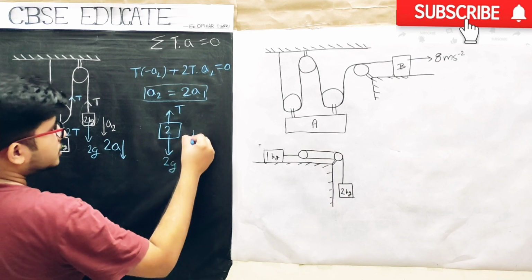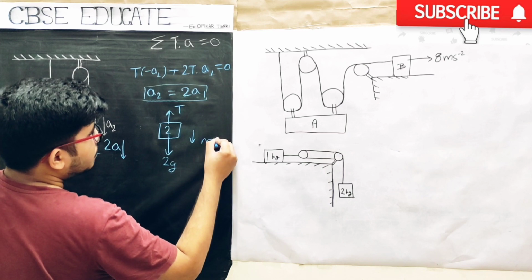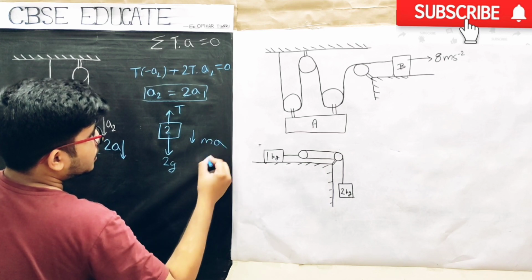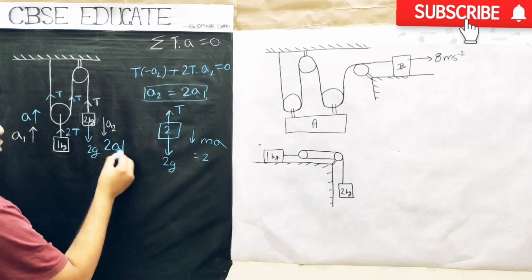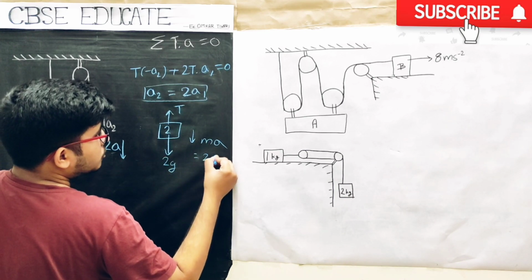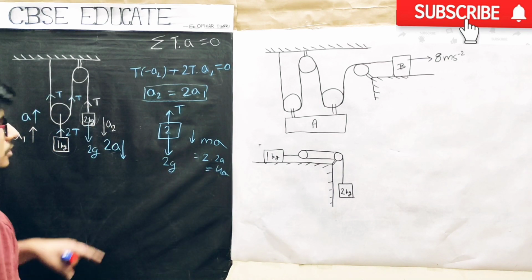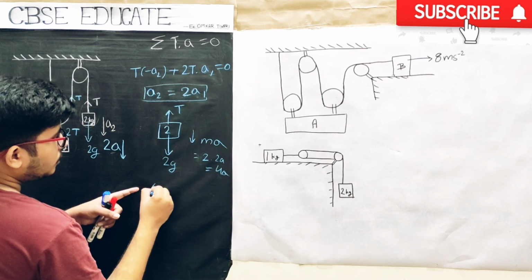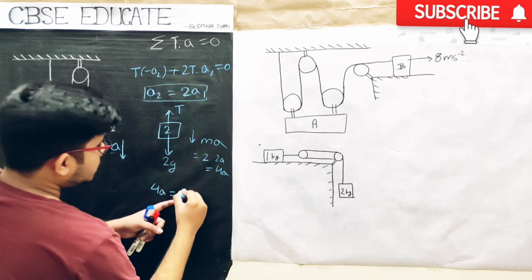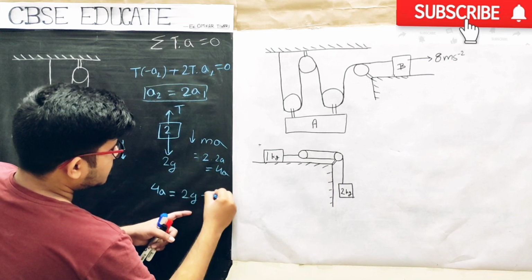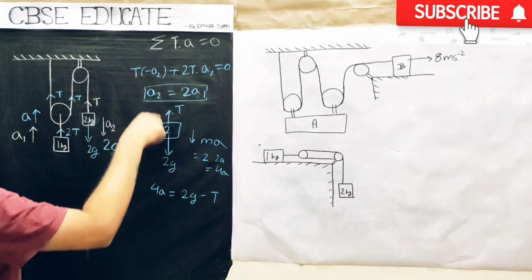Okay, and the acceleration is in downward direction, that is ma, which means m is what? 2 and acceleration is what? 2a, so 2 times 2a, which means 4a. So writing the equation for this: 4a equal to 2g minus T. Okay, 4a equal to 2g minus T.